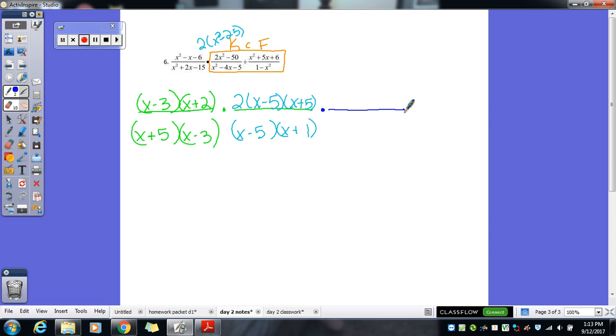So x squared plus 5x plus 6. How would that factor? Yep. And that goes in the denominator. We got to flip it. So it's x plus 3, x plus 2 in the denominator of that last fraction. So then 1 minus x squared, that is a difference of squares factor. So that would be 1 minus x and 1 plus x.